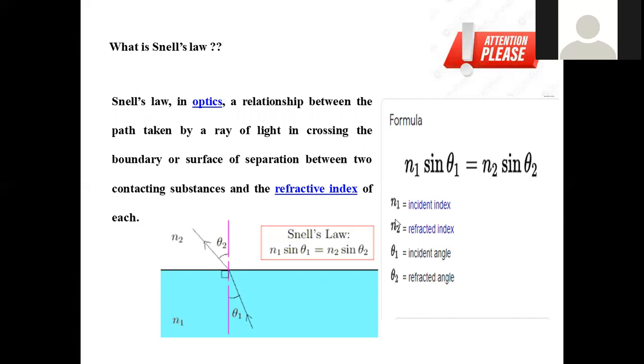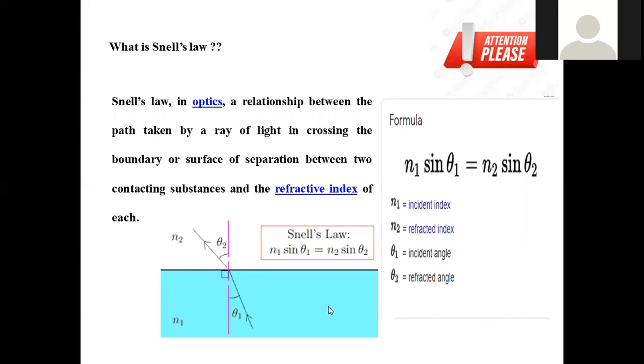Refractive index is denoted with N1 and N2 because here we have two kinds of light rays. One is the incident light ray, the second is the refracted light ray. The incident light ray's refractive index is denoted with the incident index, and the refracted light ray's refractive index is denoted with the refracted index. The angles generated will be the incident angle and the refracted angle. This is possible when a light ray travels from one medium to another.